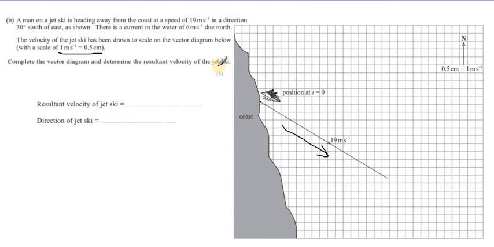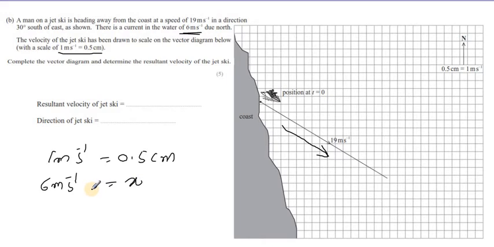First you need to find the scale for 6 meters per second. 1 meter per second is equal to 0.5 centimeter. That means 6 meters per second must be equal to x, and from this you have x equal to 3 centimeters.